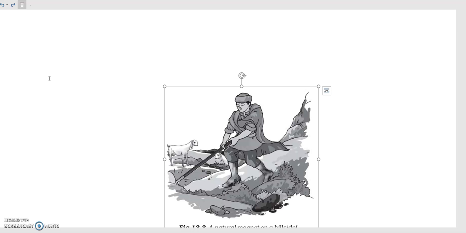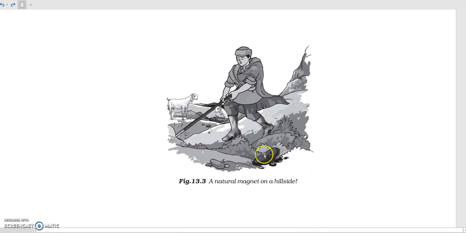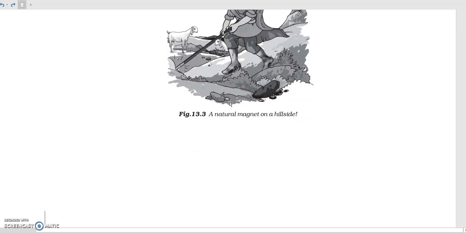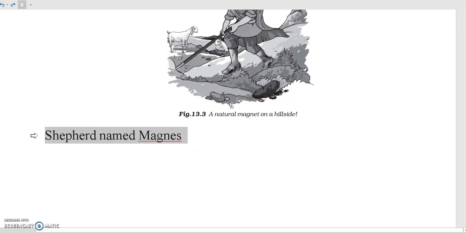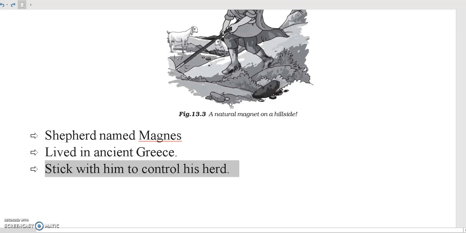There was a shepherd. His name was Magnus, and he lived in ancient Greece.